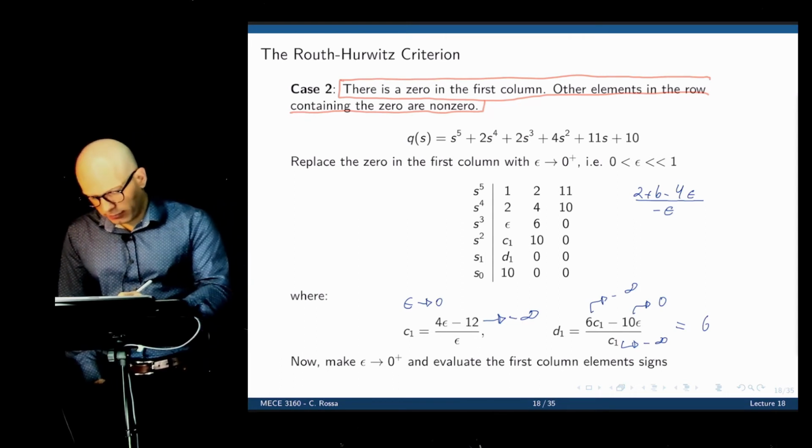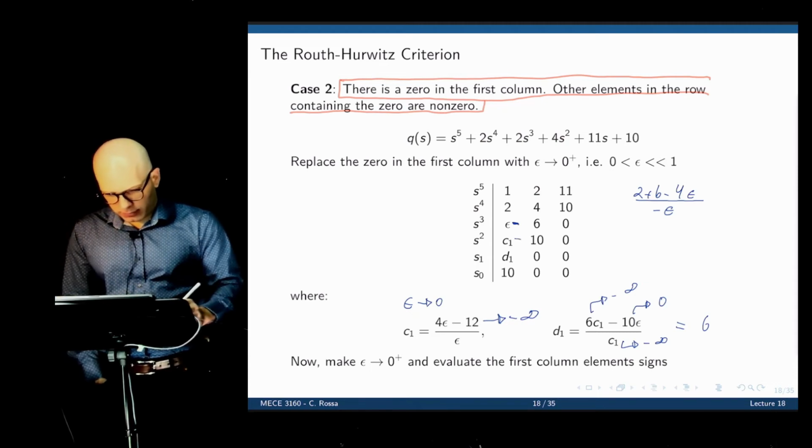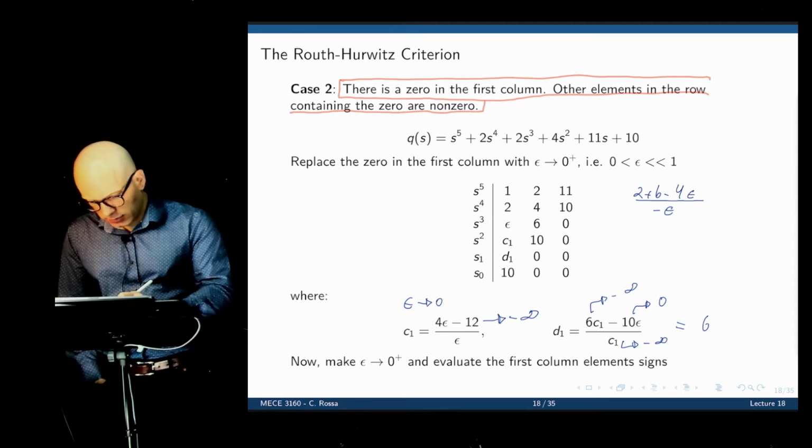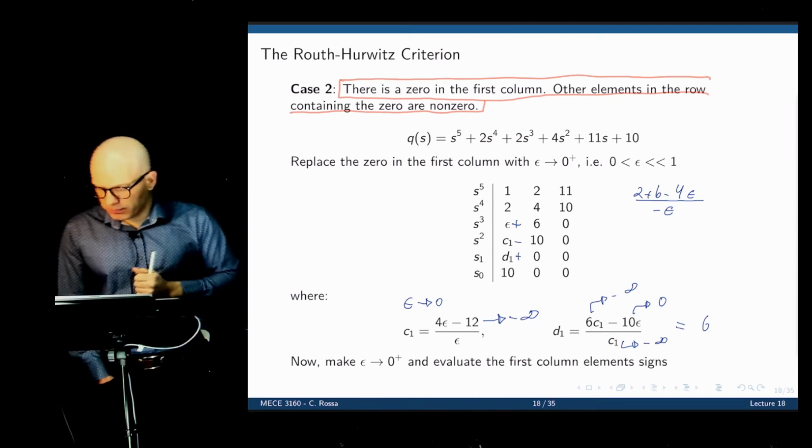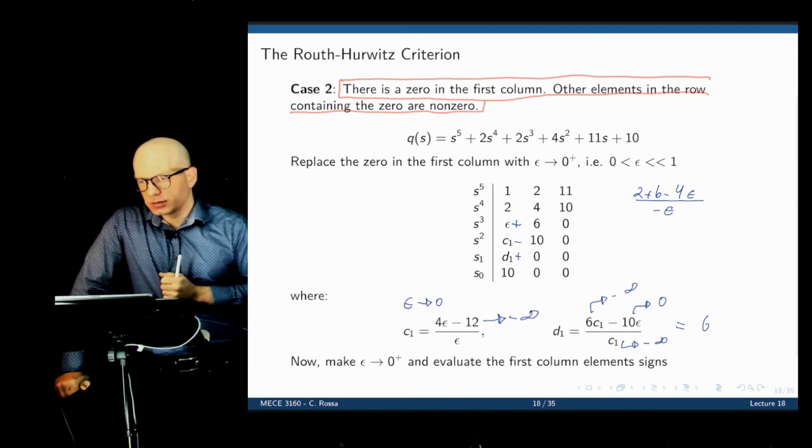Here we have a negative, and epsilon is a positive small number. So this is positive, negative, positive. How many sign changes do we have? 2 again, and the system is unstable. Okay.